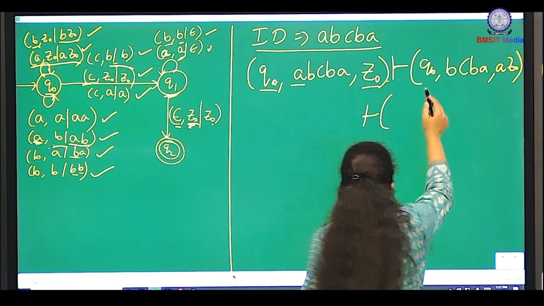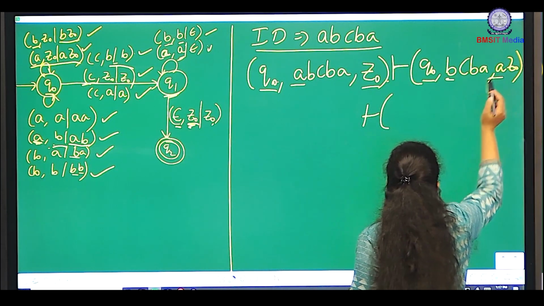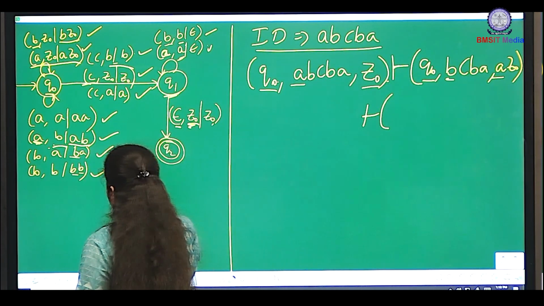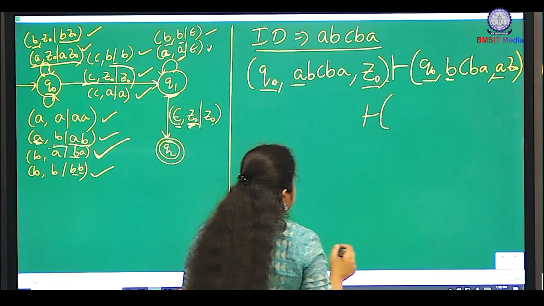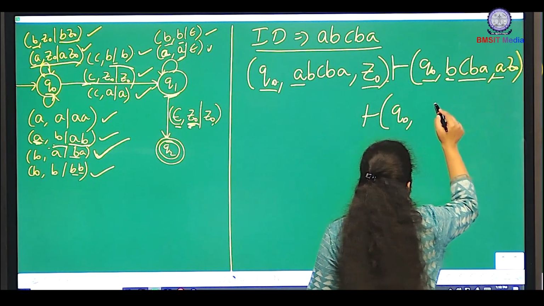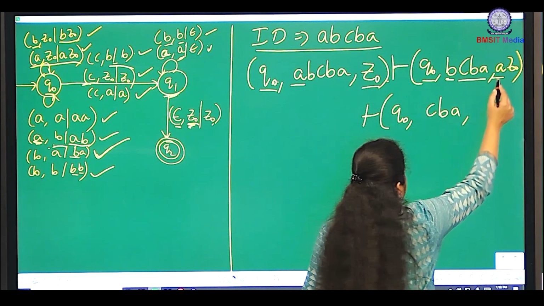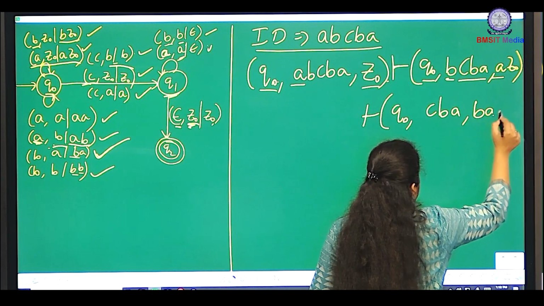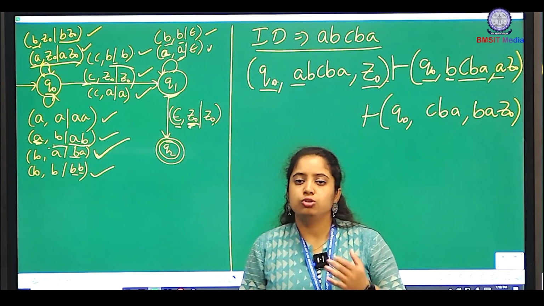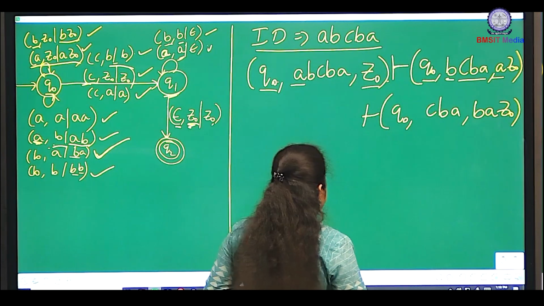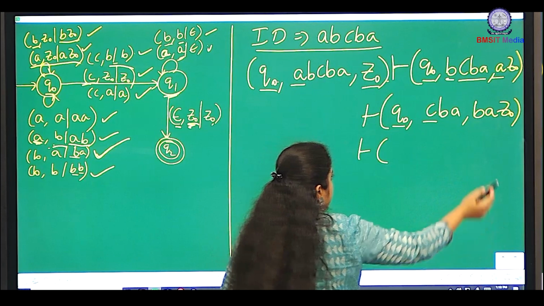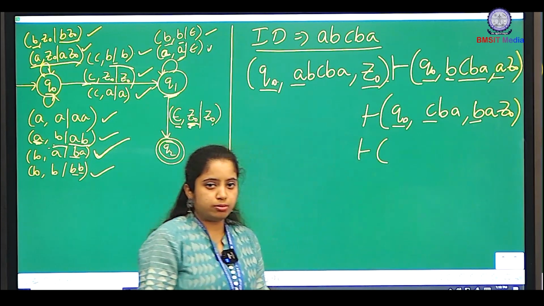So next Q naught is reading B, A is in the stack. So as per this transition, you will simply stay in the same state Q naught, remaining string is CBA, and you will simply push it onto the stack. Irrespective of what is there in the stack, you will simply push it onto the stack. Next, Q naught is reading C and B is the top stack element.